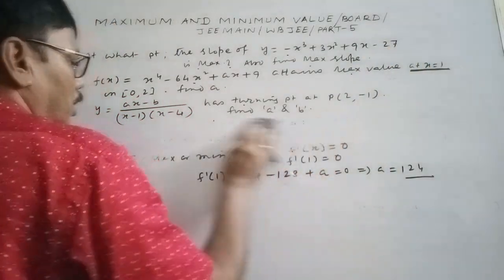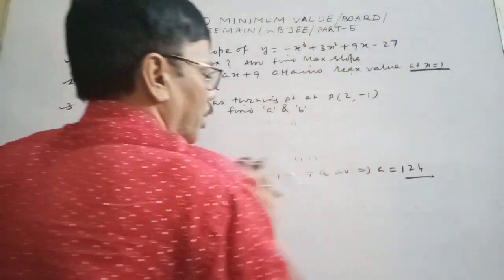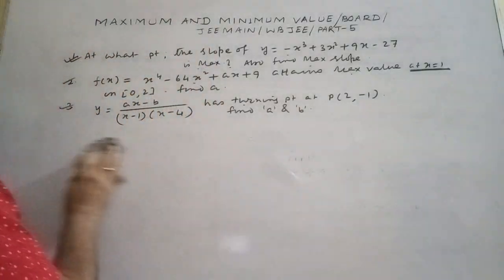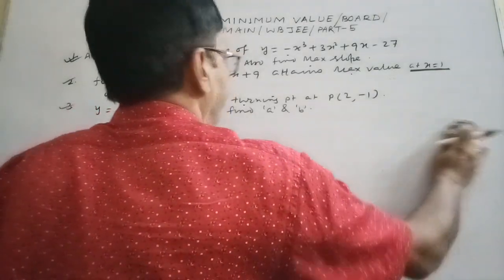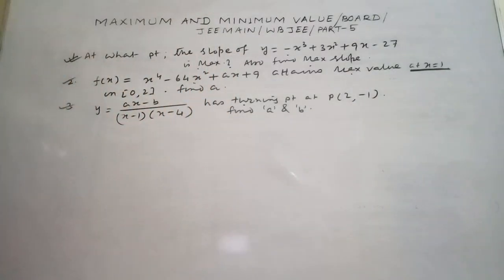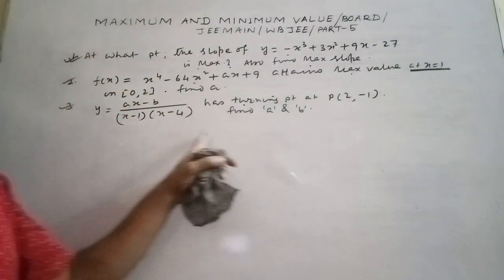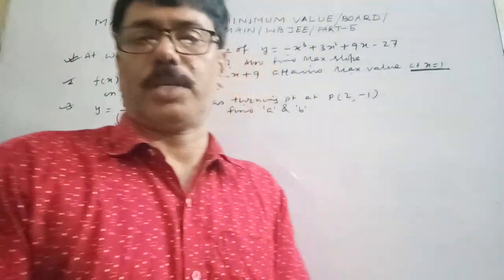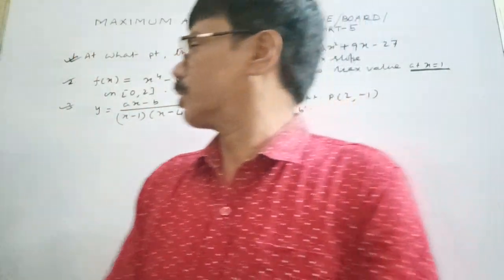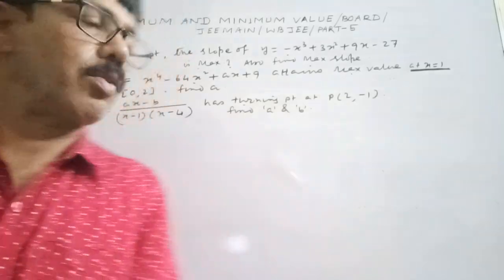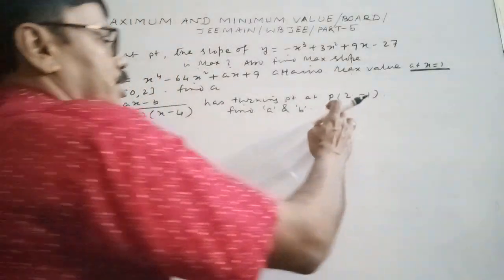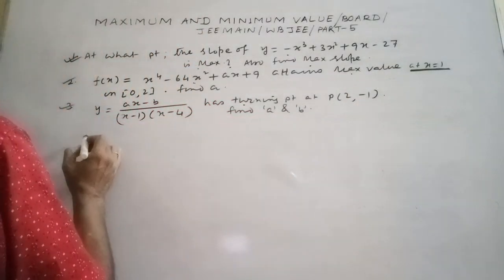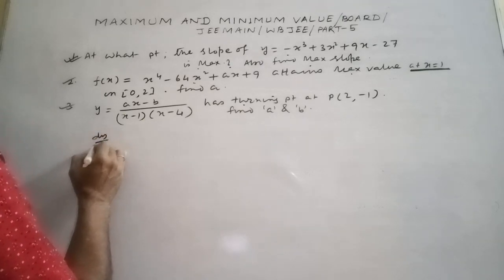Now problem number 3. This is a JEE Main problem of 4 marks. It has a turning point at 2, minus 1. Turning point means stationary point: f dash x equals 0 or dy by dx equals 0.